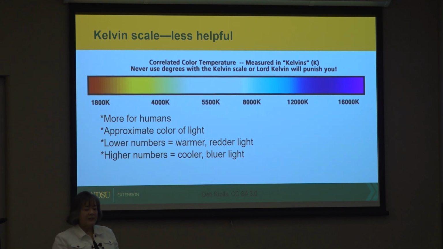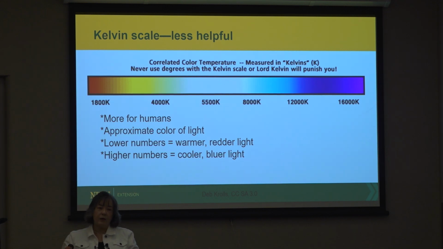So there's the Kelvin scale, and this is less helpful. I wish that they had talked about this in terms of PAR, but we've got light in the 3,000 range, so it's getting more towards the red or the yellows, and then the 5,000 range is getting a little bit more towards the blue area. But the Kelvin scale is meant more for humans.